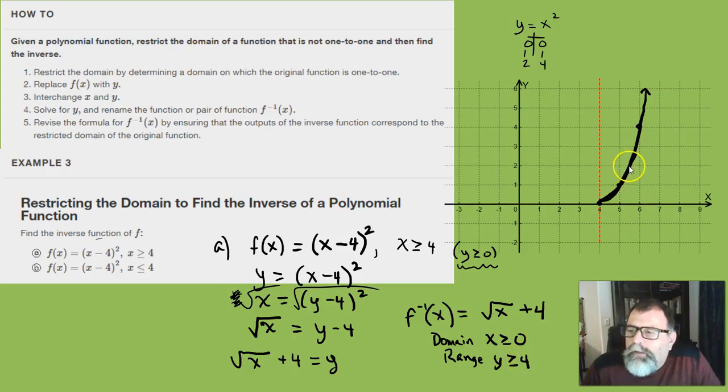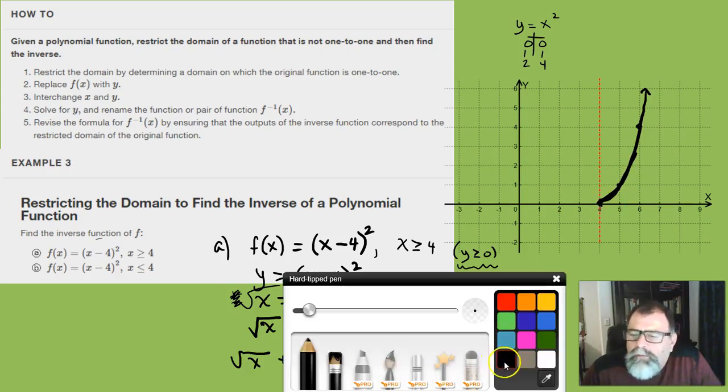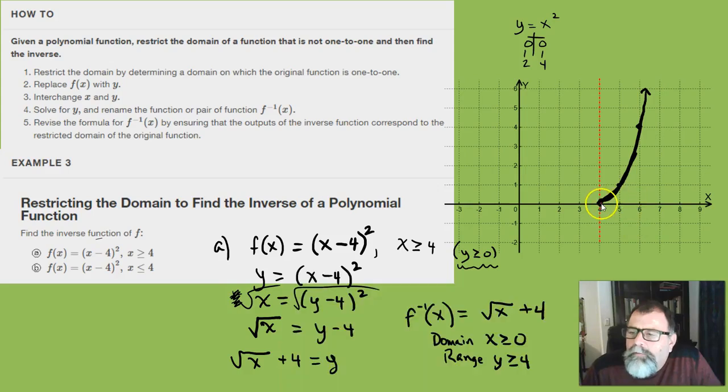And if you drew the inverse function, you're going to switch all these coordinates. So this would be 4, 0, so we do 0, 4. This is 5, 1, so we do 1, 5. This is 6, 4, so we do 4, 6. And basically that graph's going to look like that.